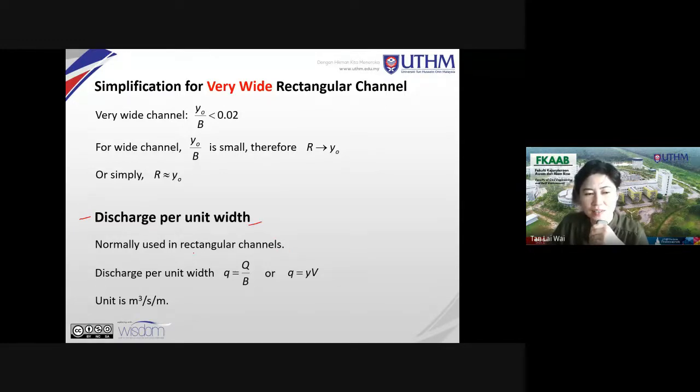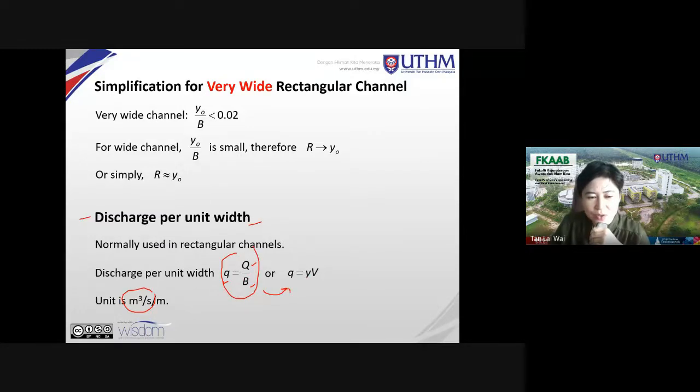Because a rectangular channel has a fixed width, not like a trapezoidal channel, which has a bottom width and a top width, so it's not standard throughout the depth of the channel. Discharge over unit width is the discharge divided by the width of the channel. So the unit would be meter cube over second divided by meter, the unit of B.